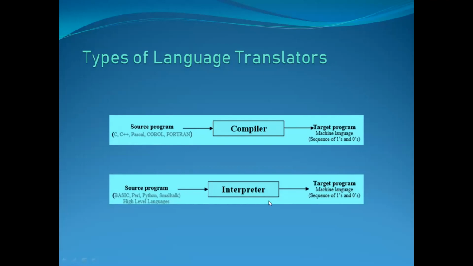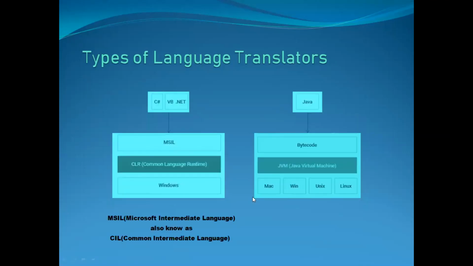So you have seen some languages which use a compiler, and also some languages which use an interpreter. But there is a special case for a few other languages like Java. A Java program is first compiled into bytecode, and then that bytecode is interpreted through a special software called the Java Virtual Machine.